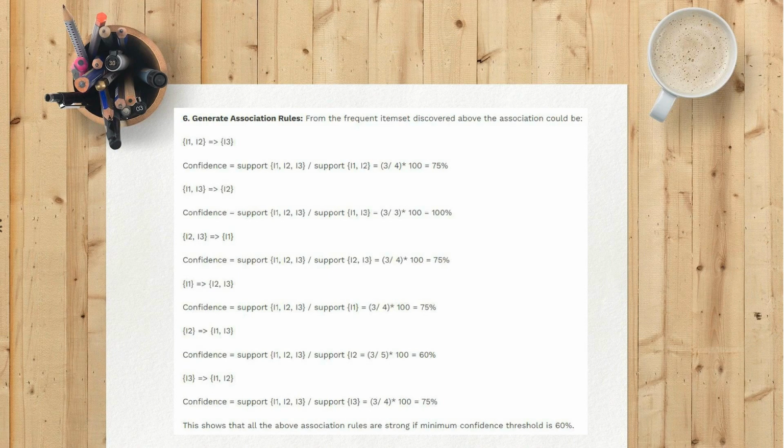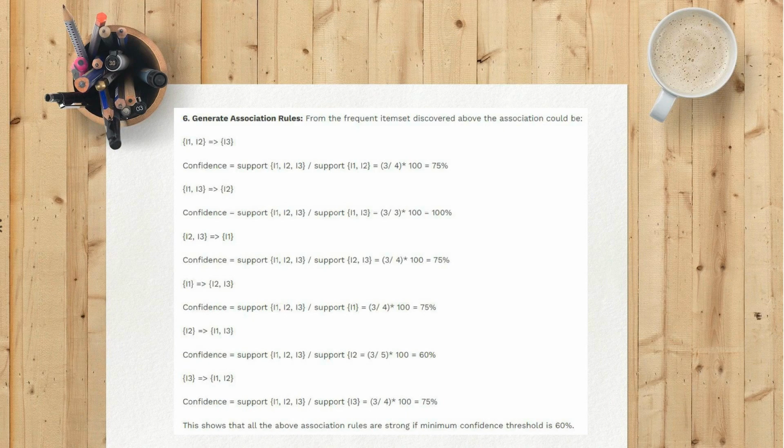Confidence equals support I1, I2, I3 divided by support I1, I3 equals 3 divided by 3 multiplied by 100 equals 100%. I2, I3 implies I1.